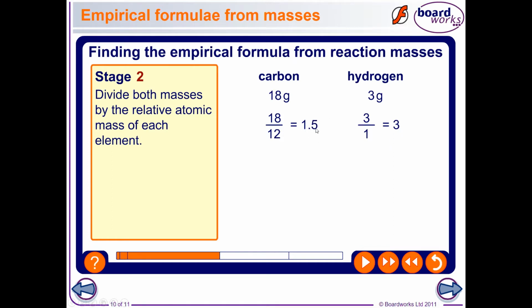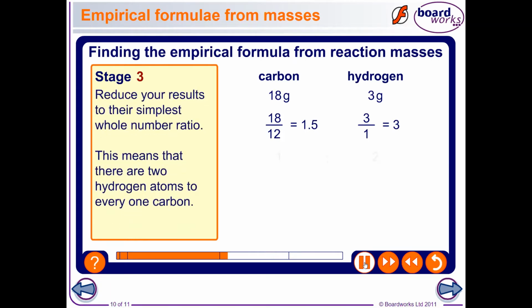And what you should also notice is that actually this is in the ratio of 1 to 2. And one way around this is if you divide your smallest number by itself, you need to do the same with the other number. So in this case, 1.5 divided by 1.5 would give you 1, and 3 divided by 1.5 would give you 2.